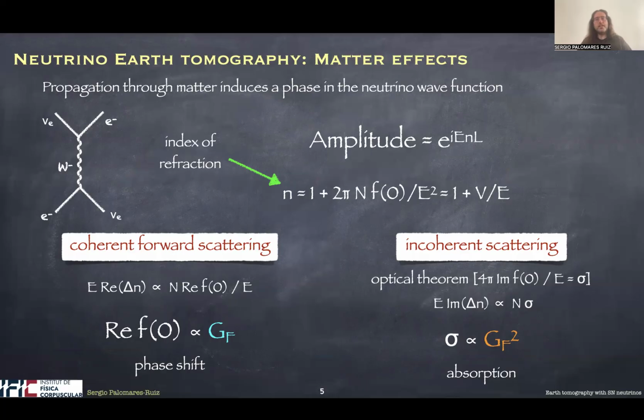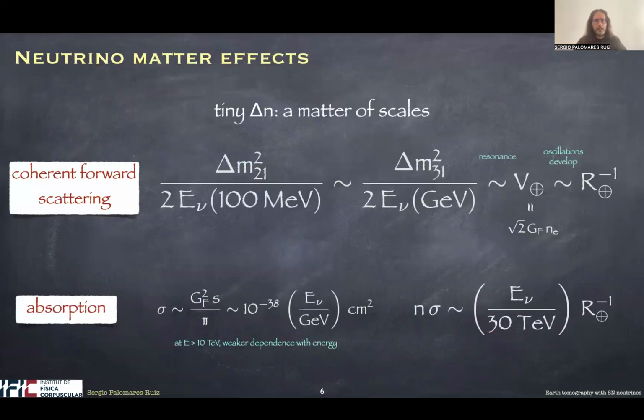So that induces a phase shift, which is just the typical oscillatory pattern in neutrino oscillations. And at high energies, the imaginary part is proportional to the cross section by the optical theorem, and that is proportional to G Fermi squared, which produces an absorption of the total neutrino flux that goes through the Earth.